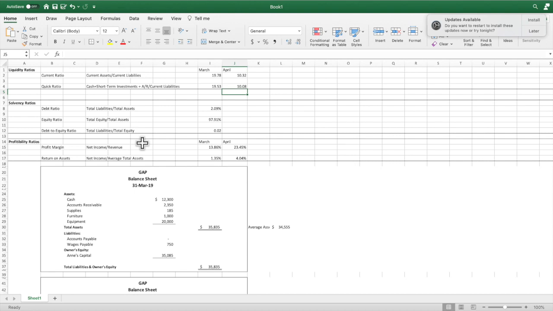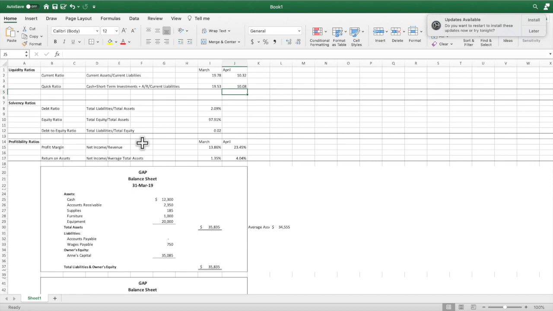When liabilities exceed equity, this ratio will be greater than 1, while the reverse circumstance leads to a ratio that is less than 1. The equity ratio expresses the portion of assets that are generated through equity, and the debt ratio expresses the portion of assets that are generated through liabilities.